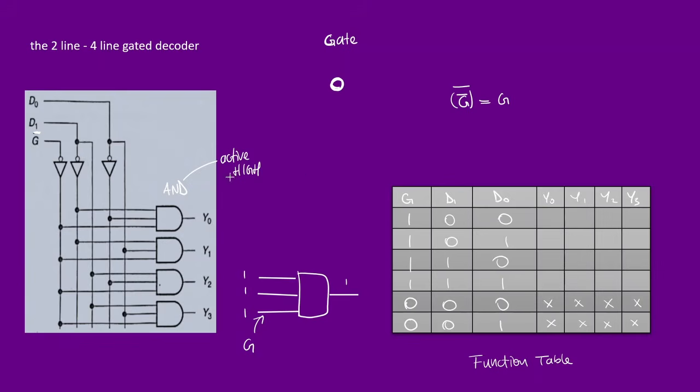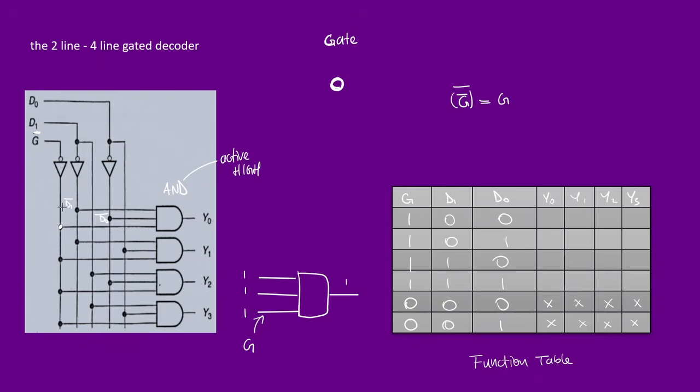So we can get one as we normally would. All right. So for Y0, consider it's connected to gate G. That's cool. It's following not D1. So this is not D1. And it's also hooked up to not D0. All right.